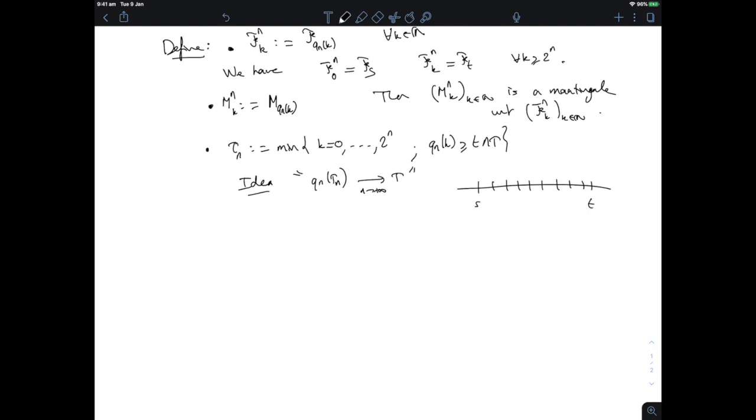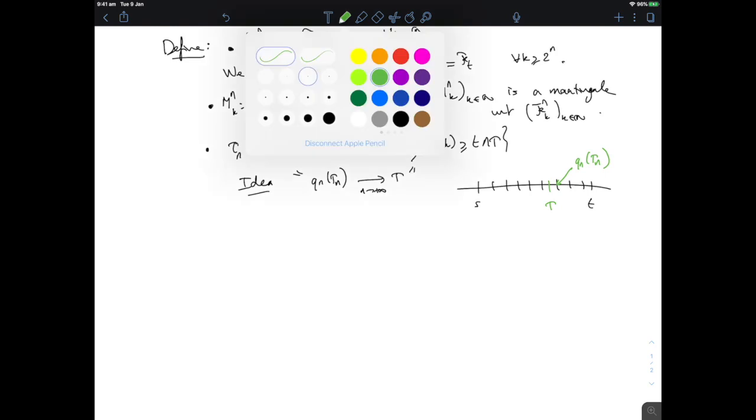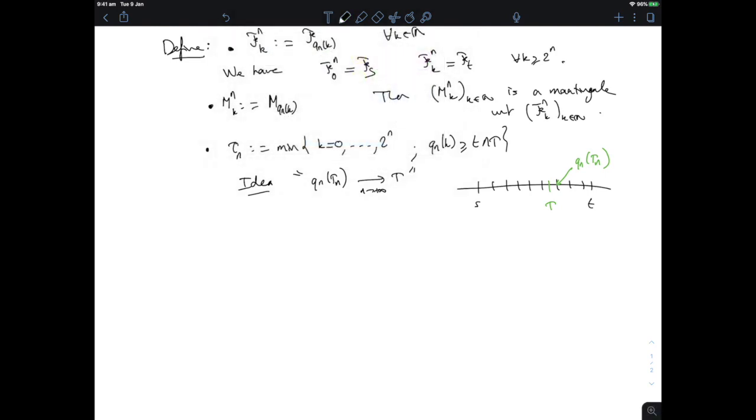If tau is somewhere here, say, then I'm going to pick, this is going to be qn of tau n, the first point in my discretization that is just above that tau. And the idea is, if I send n to infinity, the gap between the actual value of tau and the value of qn of tau n is going to get smaller and smaller.